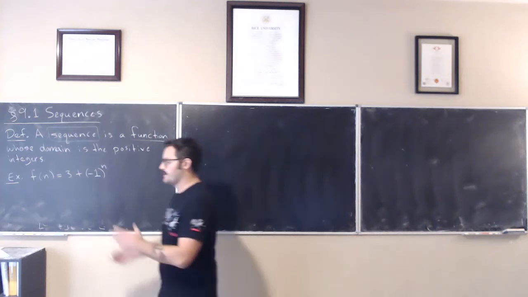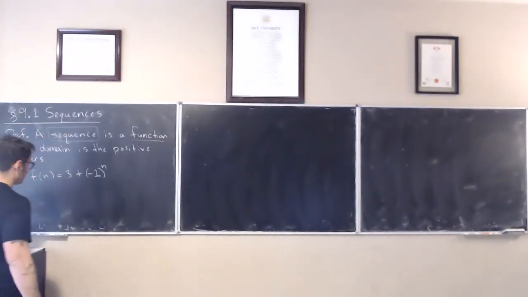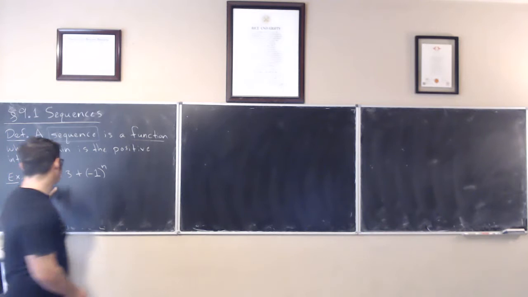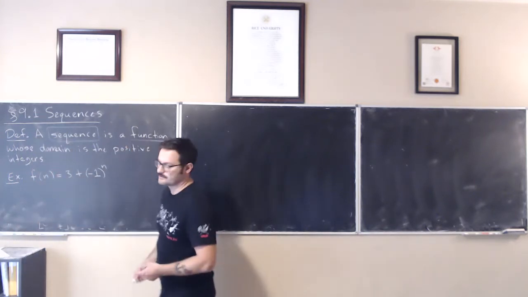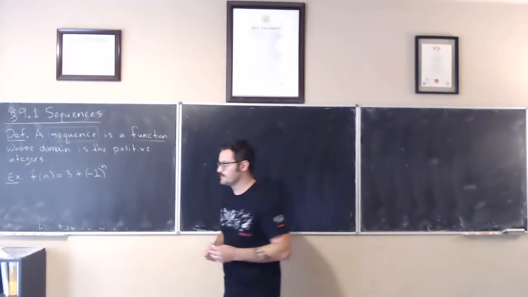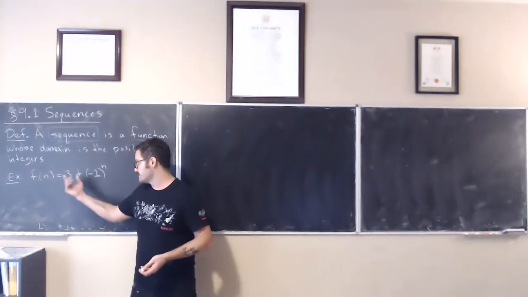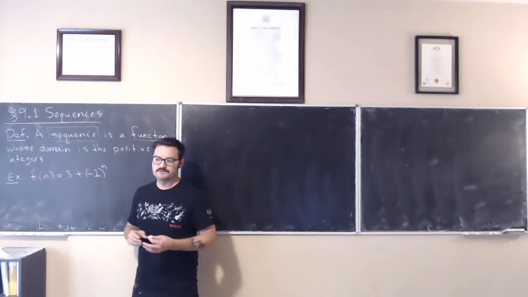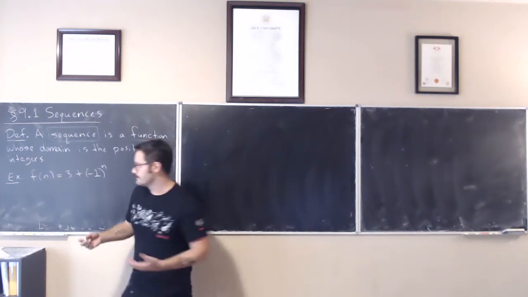This function maps the positive integers to whatever those numbers are. Now, this is function notation. When dealing with sequences, it's common to use subscripts to indicate that the thing is indeed a sequence, which is a special case of a function.